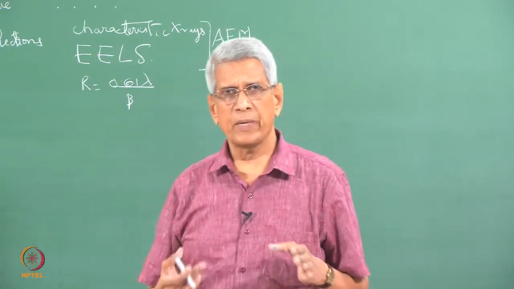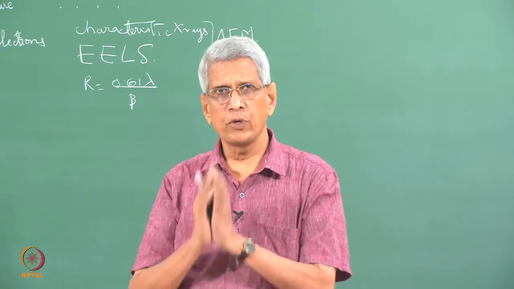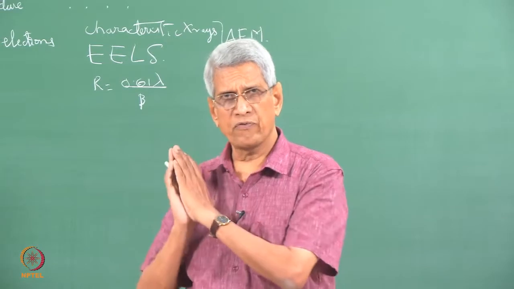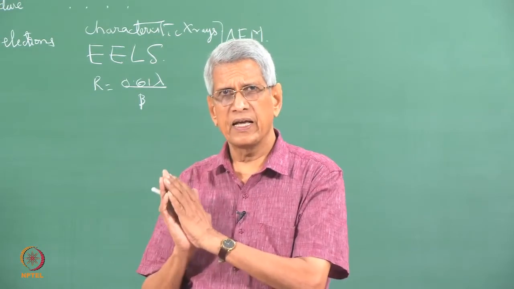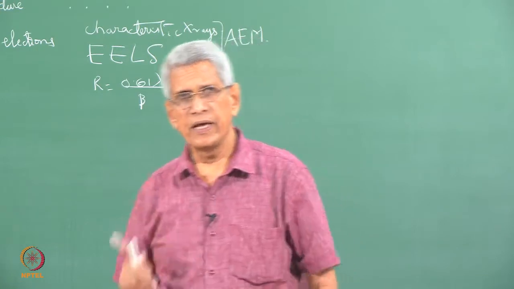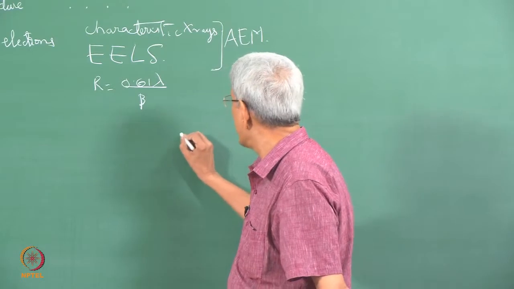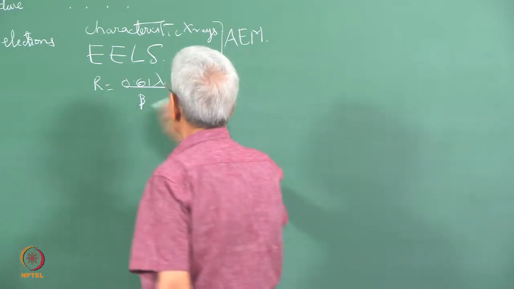What is essentially happening in that sample? For a point object, we do not get a point image, as we have studied earlier. Instead, we get a disk of least confusion. Because of this, instead of getting a point image of a point, we get a spread.